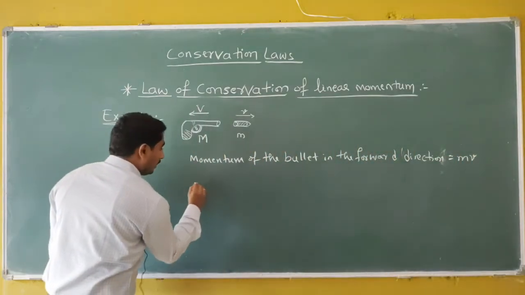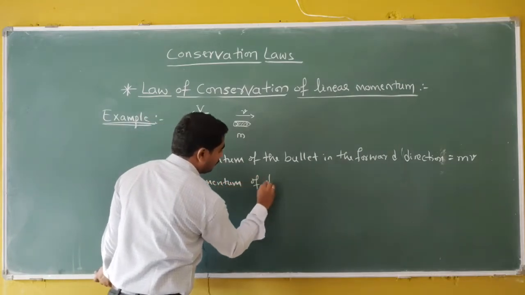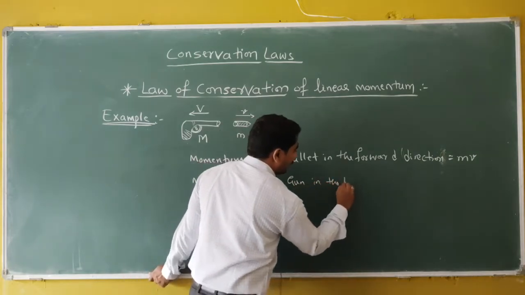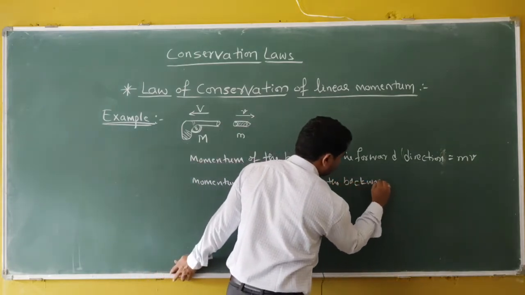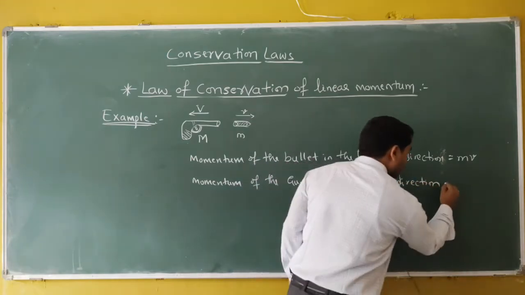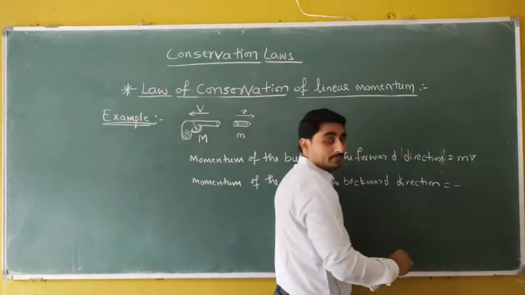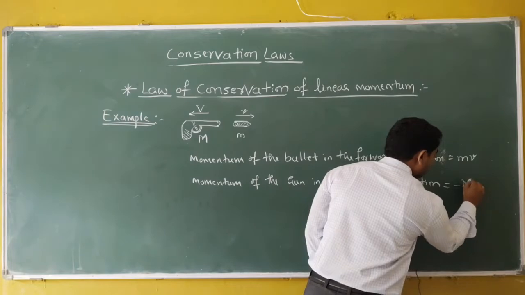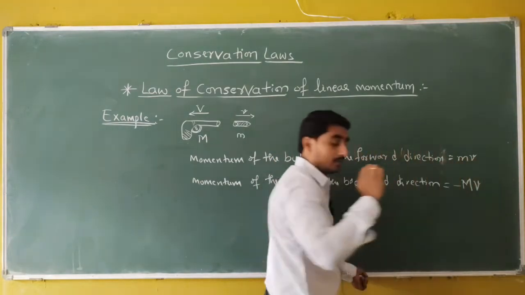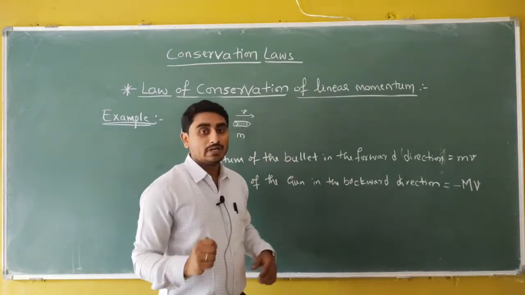And now the momentum of the gun in the backward direction, since it is moving in the backward direction, I am going to take it with a negative sign, minus capital M, that is the mass of the gun, and capital V, that is the velocity of the gun, means it kicks back in the backward direction.